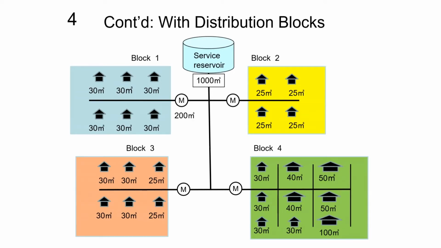The metered value from block 1 is 200 cubic meters, 100 cubic meters from block 2, 200 cubic meters from block 3, and 500 cubic meters from block 4. That gives us 1000 cubic meters in total. As it is the same as the distributed amount from service reservoir, we know there is no leak from the reservoir to the block meters.